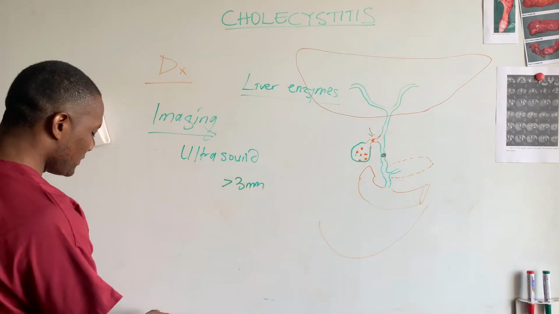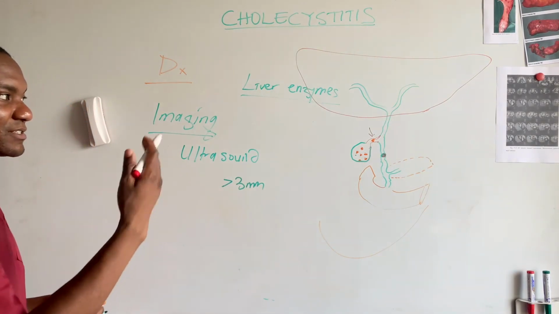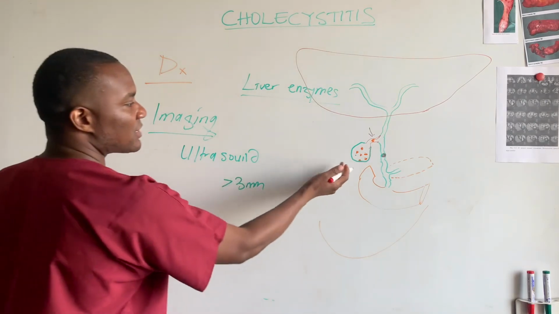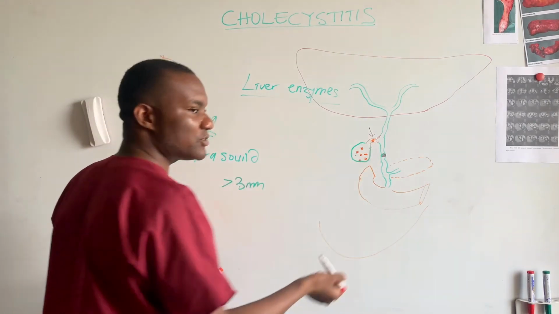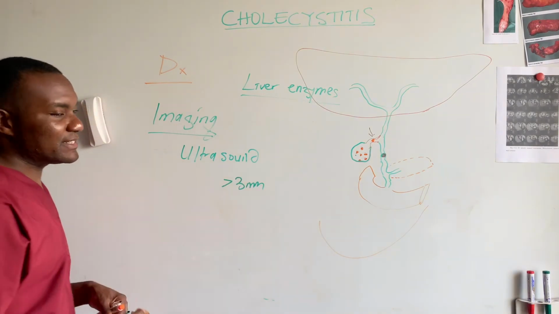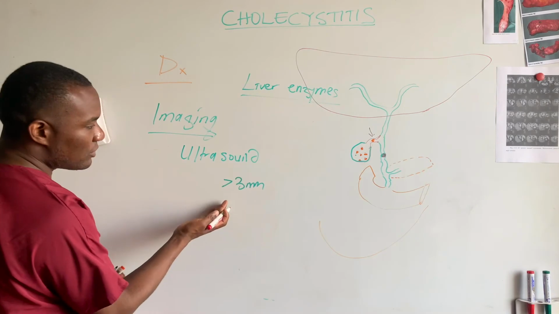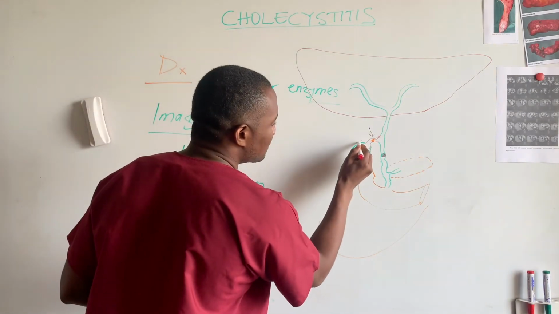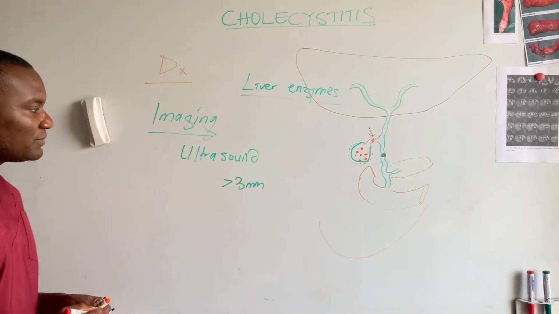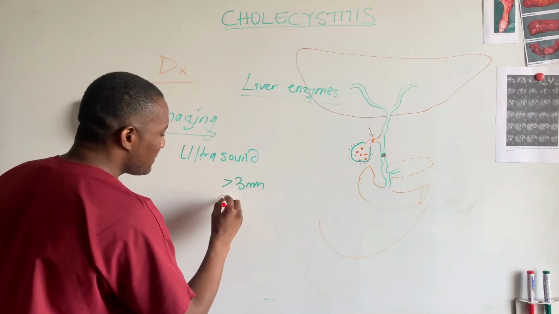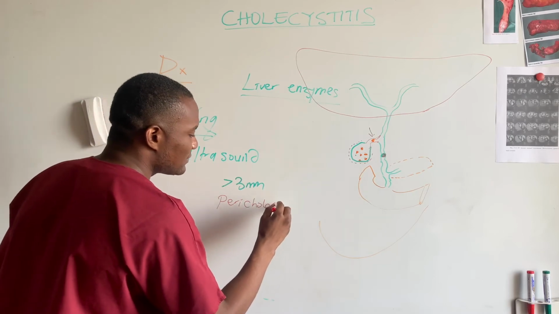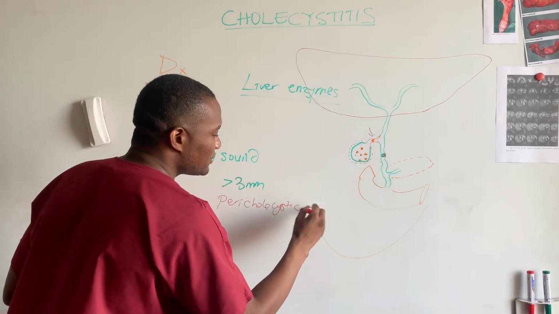And if you remember from the signs and symptoms we discussed earlier and the pathophysiology of cholecystitis, we talked about inflammation. And one of the signs of inflammation is edema. So in ultrasound, you will see fluid around the wall of the gallbladder, and this is called the pericholecystic fluid.